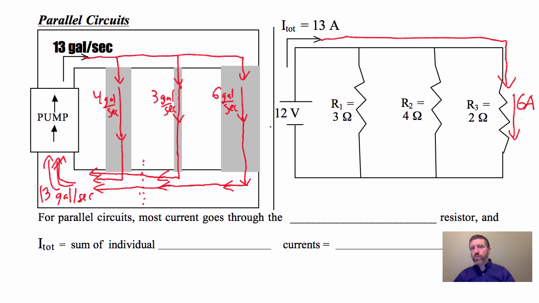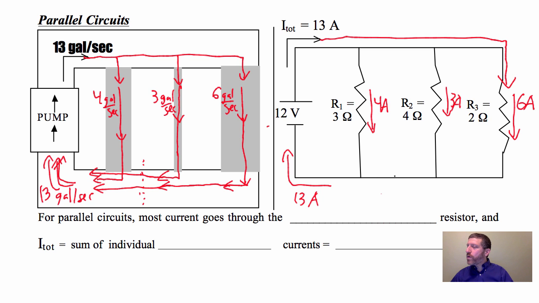I just happened to figure out 12 volts across this resistor, as we'll see later. It's 2 ohms, so there's 6 amps through there. This one, there's going to be 4 amperes going through there, 4 coulombs per second. And this one, there's going to be 3 amperes going through. And when they join back together, this is going to be 13 amperes again. And how much current passes this point? If you said 9 amperes, you'd be right.